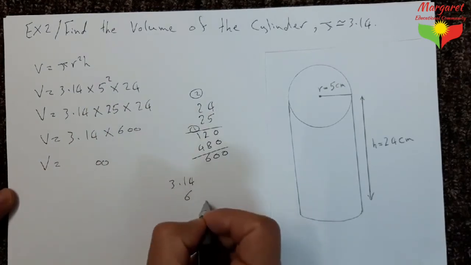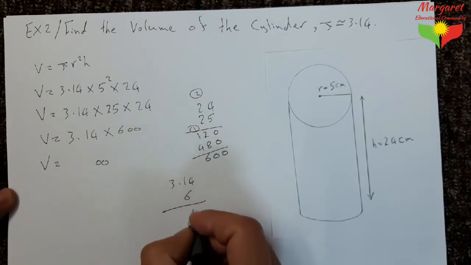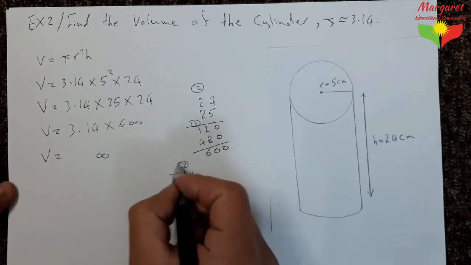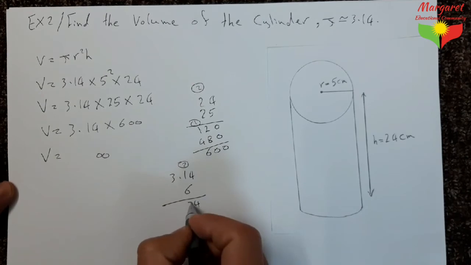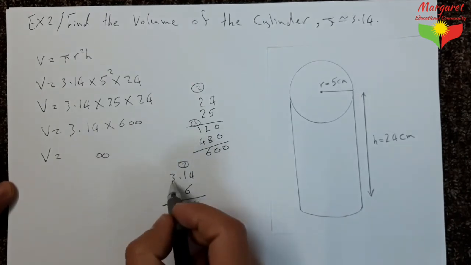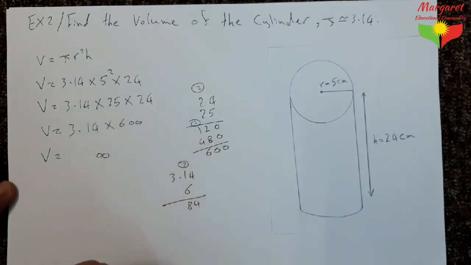3.14. 6 times 4 equal to 24. Write 4 and put 2 up to here. 6 times 1 equal to 6 plus 2 equal to 8. 6 times 3 equal to 18.